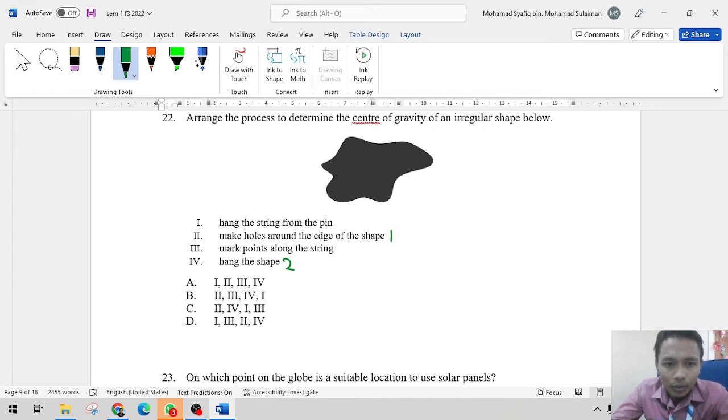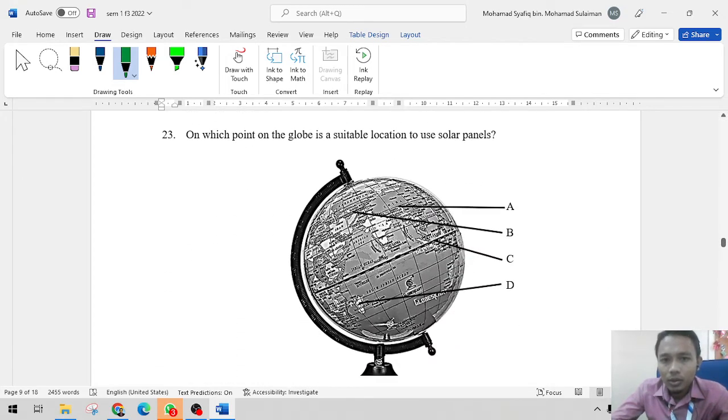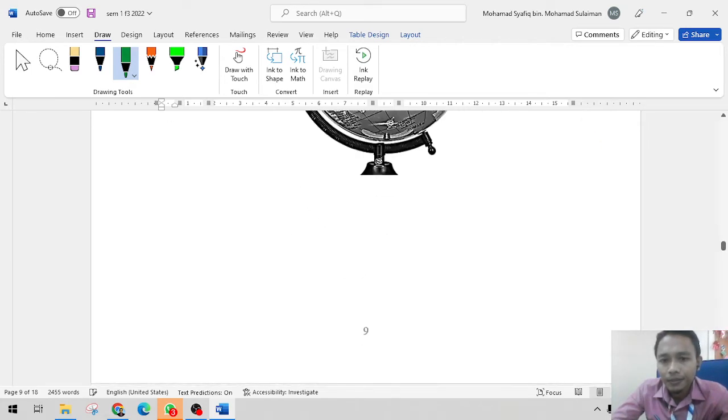So number 2, number 3, and number 4. Right, number 23, the solar panel should be at the equator, near the equator line.